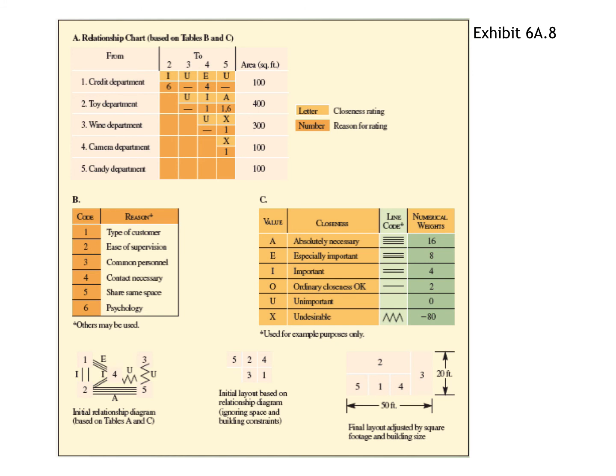The relationship chart, Table A, shows the relationship between departments. For example, the relationship of Department 2, that is the toy department, with Department 3, the wine department, is unimportant.